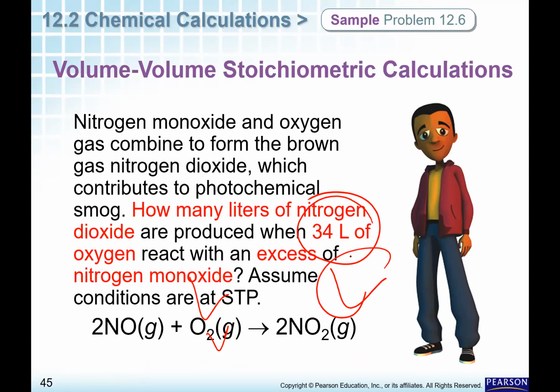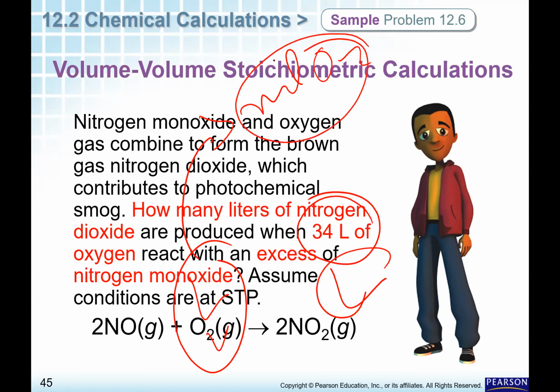What we need to do is take the volume of oxygen into moles of oxygen. How do we do that? Using the relation which is under STP, we have 22.4 liters per mole. Once we get the moles of oxygen, we can take it directly to the moles of NO2 using the mole ratio, which is 1 to 2, right?